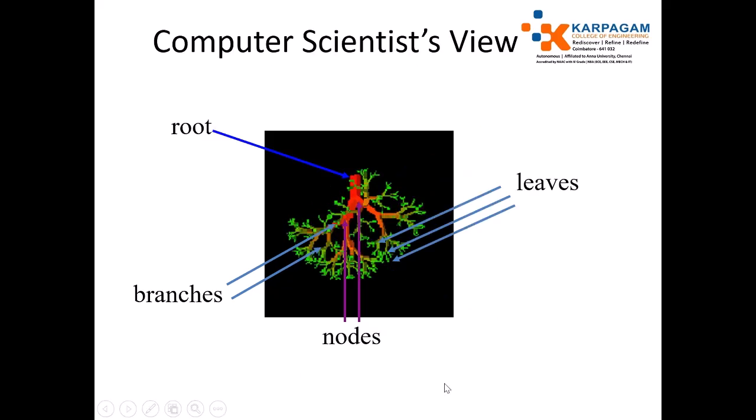But the computer science view is something different. We see the root at the top, we are seeing several branches, and at the end we have several leaves. This is the computer science view.